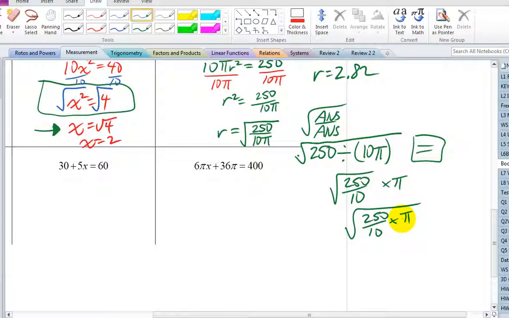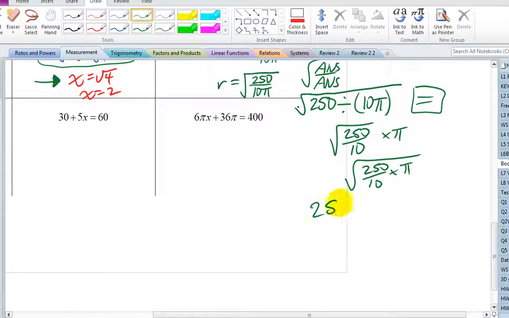Okay, so what's your calculator doing that's wrong? It's like the square root of 250, and then divided by. Try this on your calculator: 250 divided by bracket 10 times pi, and then go square root answer. Like 2 point something.